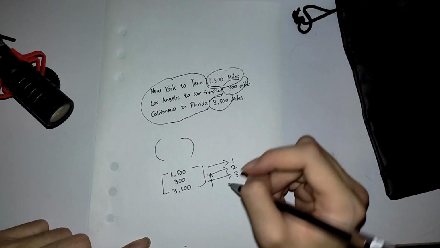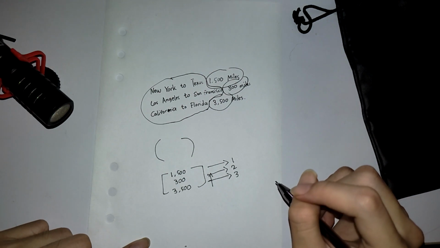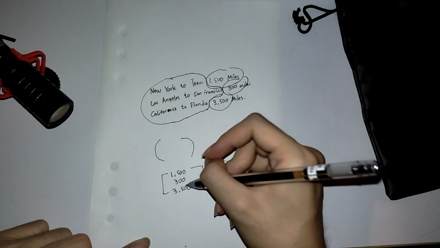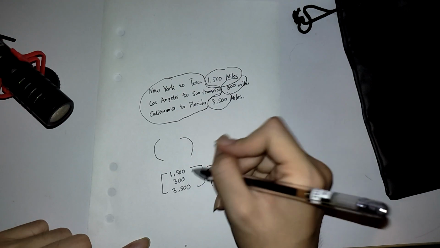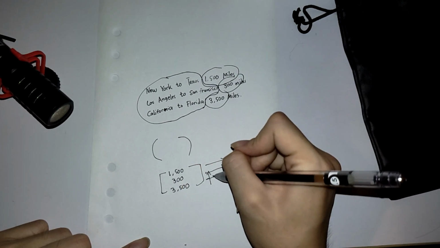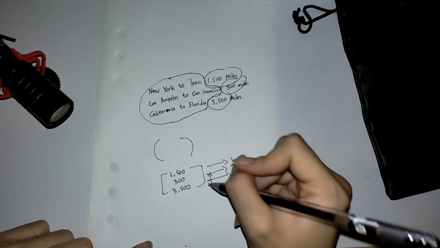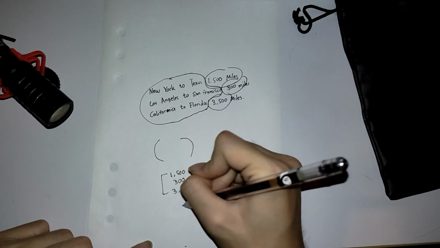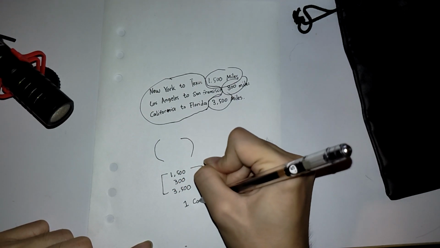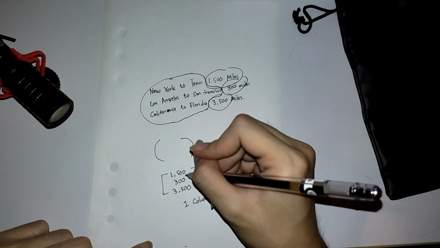And to count columns, as I said, column means vertical. So we only count how many lines there are here. In this matrix form, there is only 1 column, because there is only 1 line of numbers.